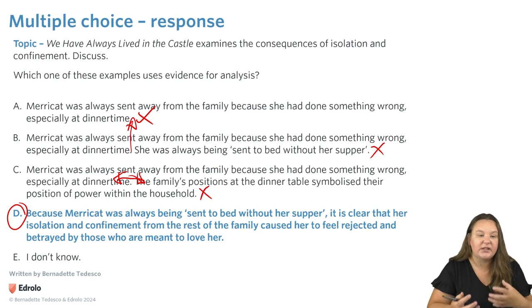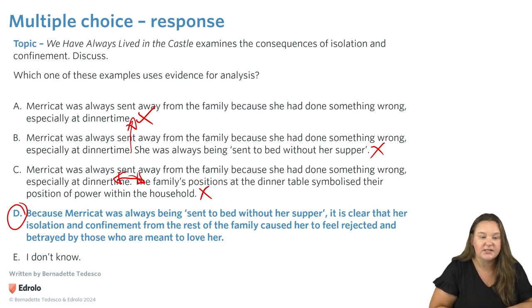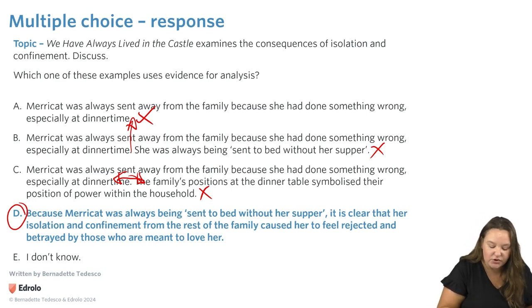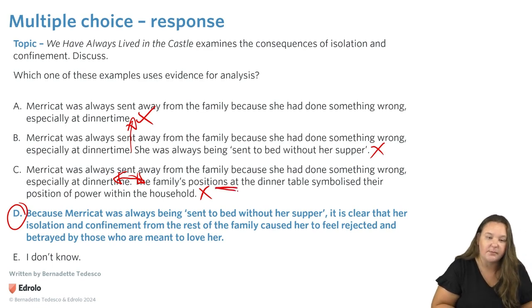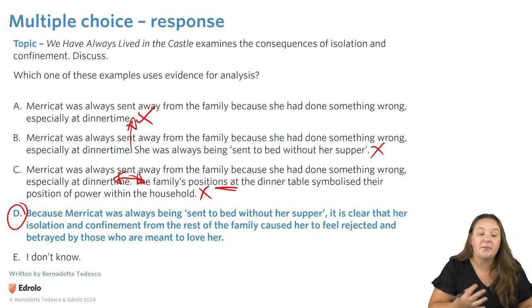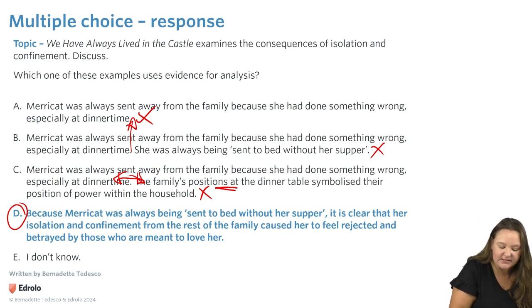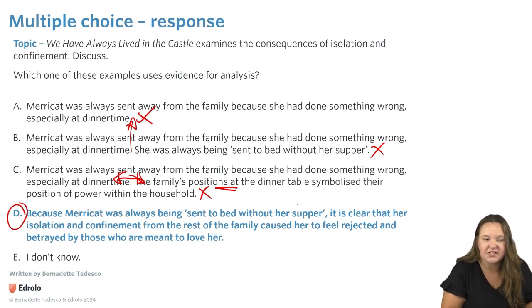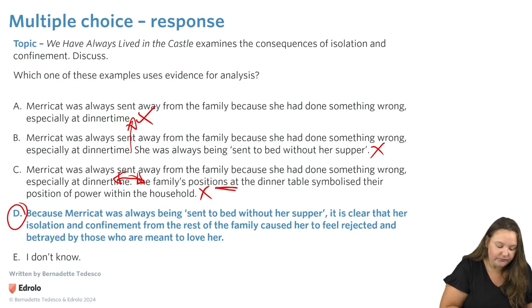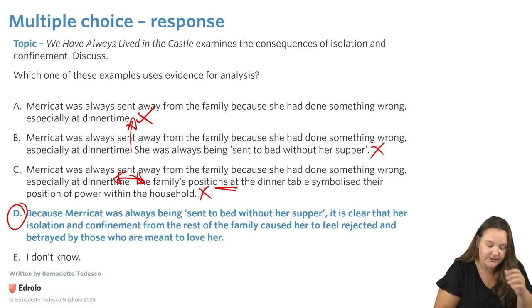So it's not really a good example of analysis. If I wanted to use this point, I might have to say something like, Merricat's absence from the dinner table was significant because she was always being sent away. Yeah, so I haven't really explained how their positions at the dinner table are relevant. And there's also no quotation there to support it. I've just used retell and then some analysis that's not connected.